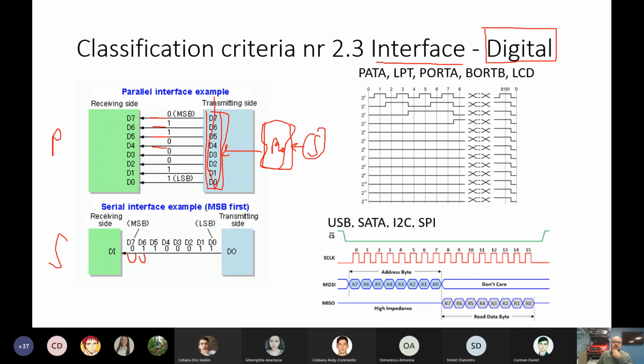So what do you think, which of the interfaces is better? We'll discuss it after. Just write P for parallel and S for serial, or 7 for parallel and 5 for serial.